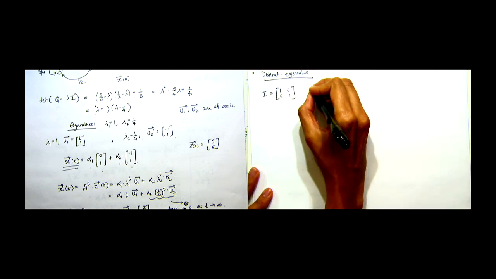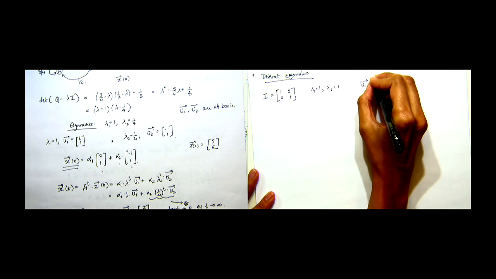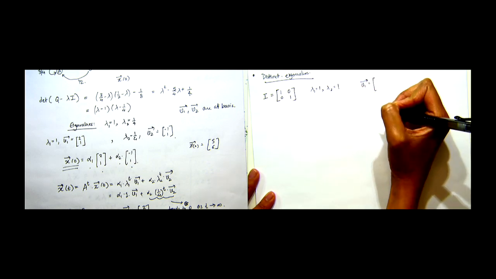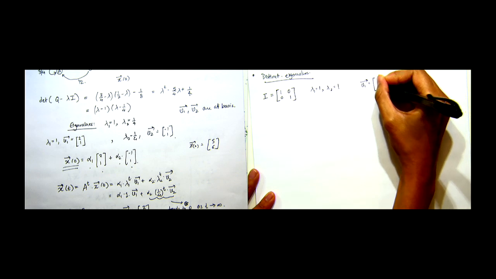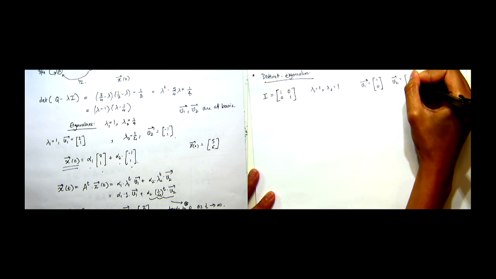consider this matrix. What are the eigenvalues of this matrix? Lambda 1 equal to 1, lambda 2 equal to 1, right? And what are the eigenvectors? V1 is equal to (1, 0), and V2 is equal to (0, 1), right?